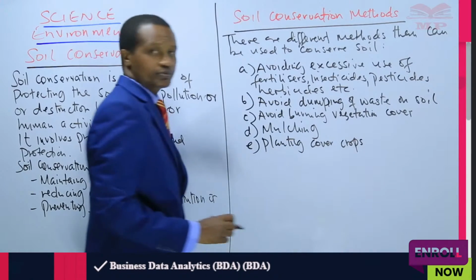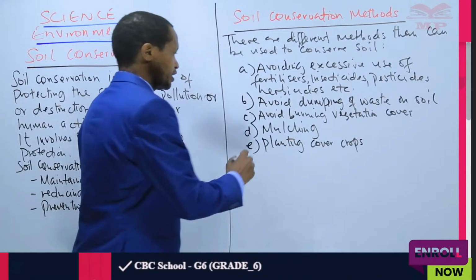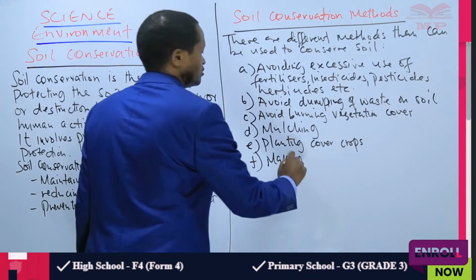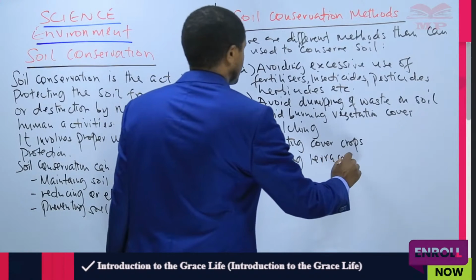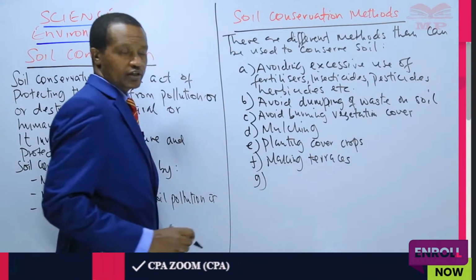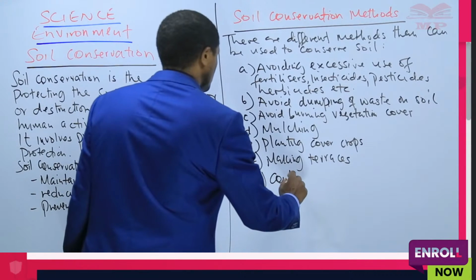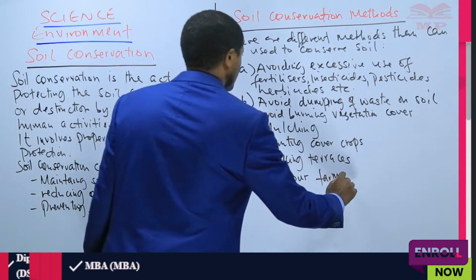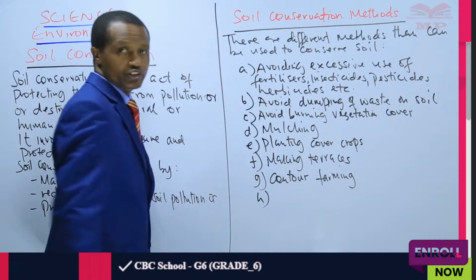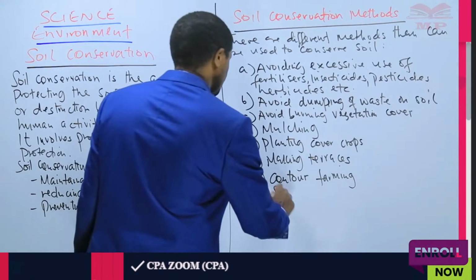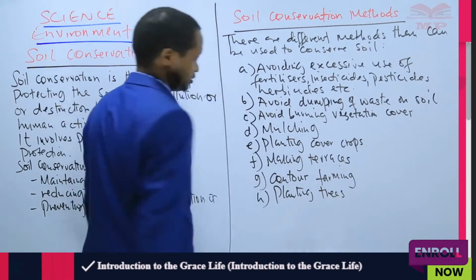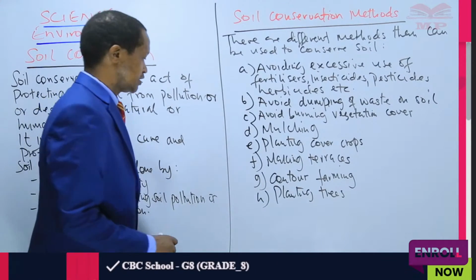F, making terraces. G, contour farming. H, planting trees.